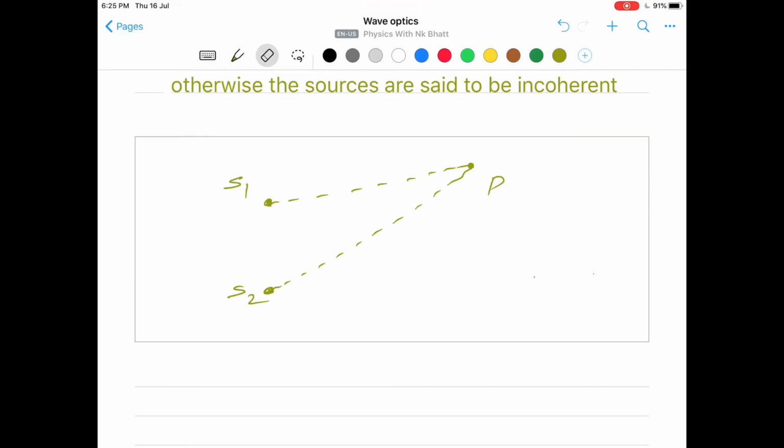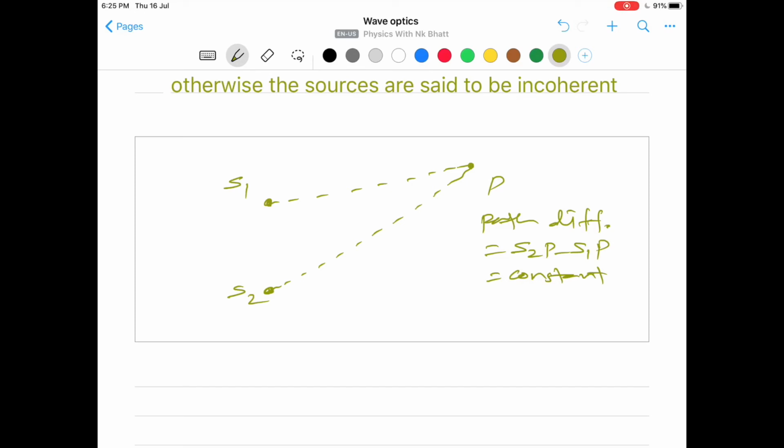So these sources would be coherent if the path difference, S2P minus S1P, is constant, then definitely phase difference would also be constant.